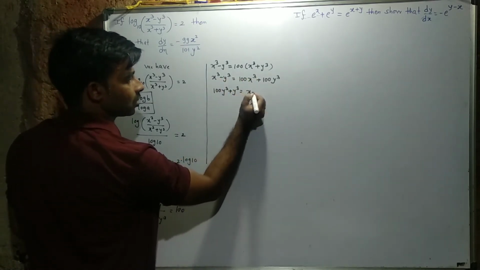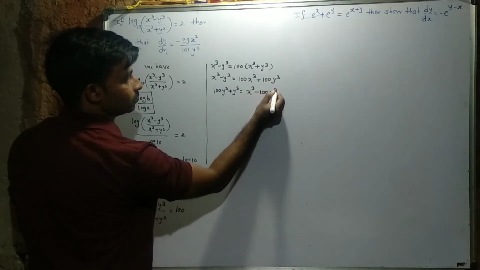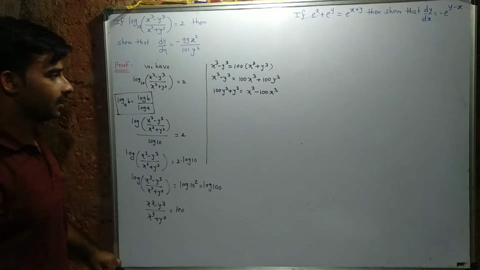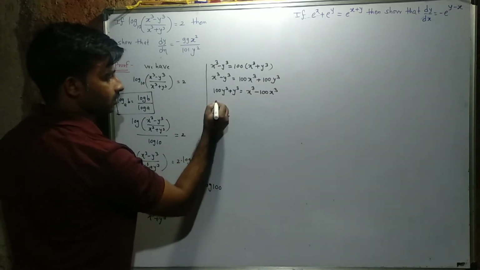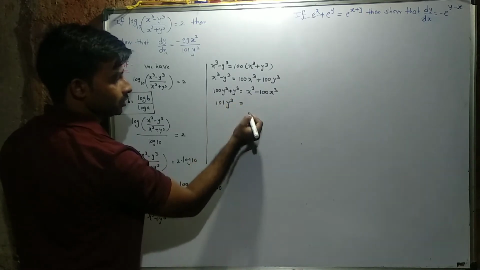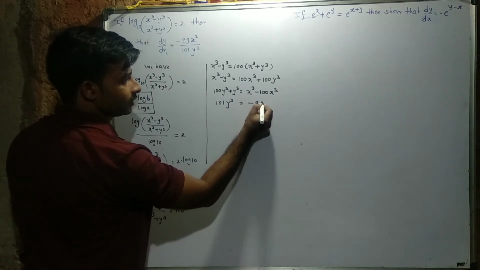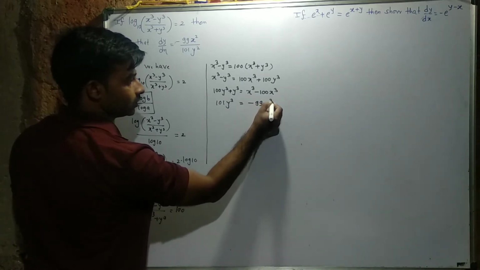You will get x cube minus 100 x cube. At that time you will get 101 y cube is equal to minus 99 x cube.